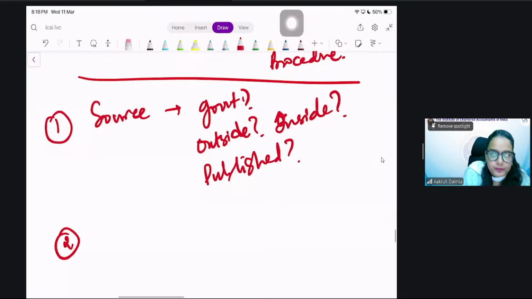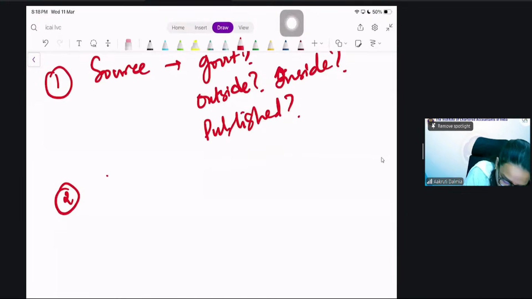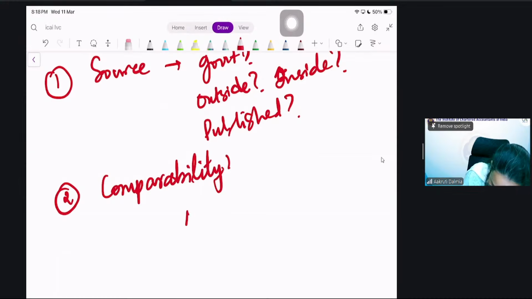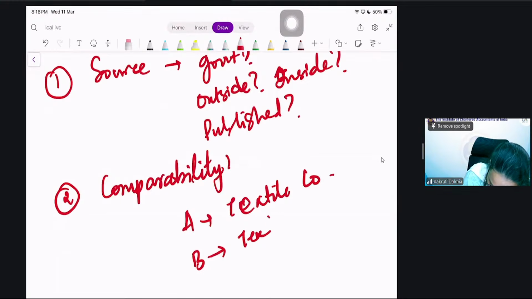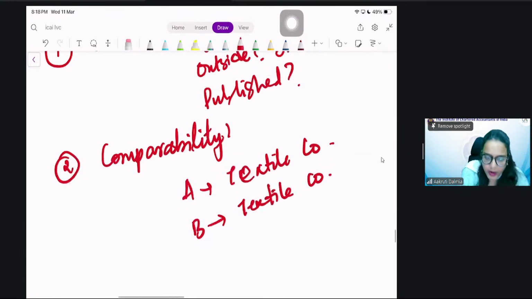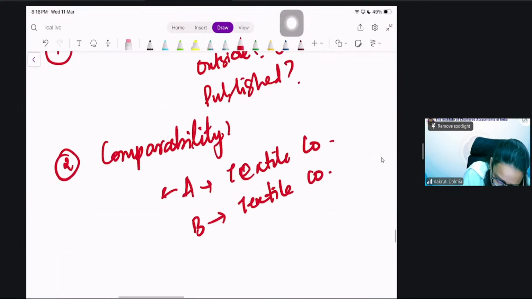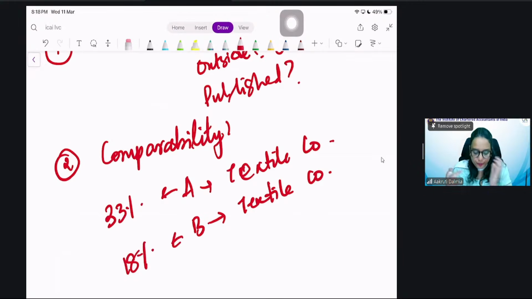Second, what we'll check? Comparability. What is comparability? Let's say A is a textile company. B is also textile company. I'm comparing that in A, gross profit is 33%. In B, it's 18%. And I say, oh my God, so much difference.